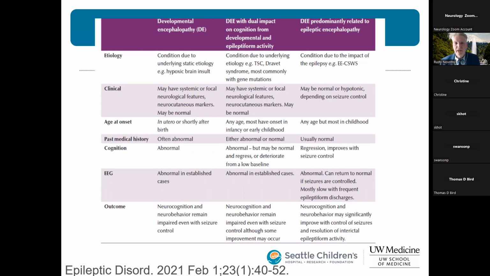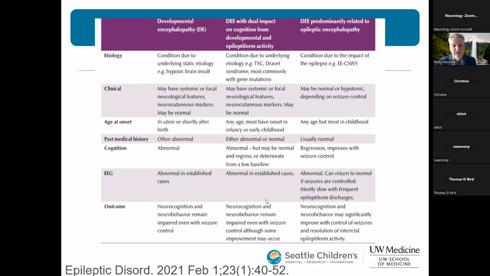So the developmental encephalopathy alone, sometimes the term cerebral palsy will be used, or a static encephalopathy, which could occur from acute brain injury perinatally, such as hypoxic brain injury or trauma, or in the boy I showed you, a developmental anomaly that is static and unlikely to get worse over time.